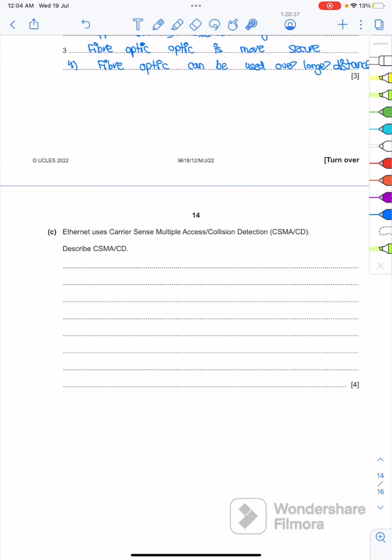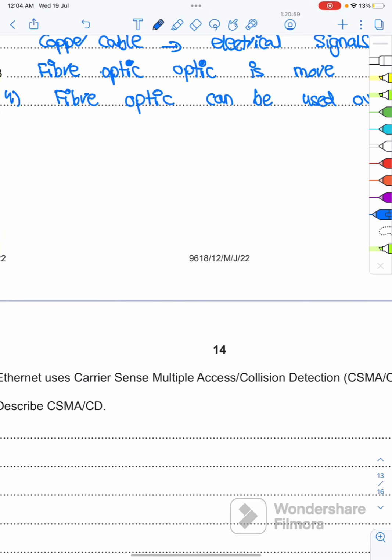So this is something that I just recommend you learn: pick 4 points from your mark scheme and memorize it. But I will explain the reasoning behind it and why it's so important in networks as well. But you can save your hassle and just put a few minutes in and memorize it and give it out. The examiner's not going to award you any brownie points for actually trying to become a network engineer.